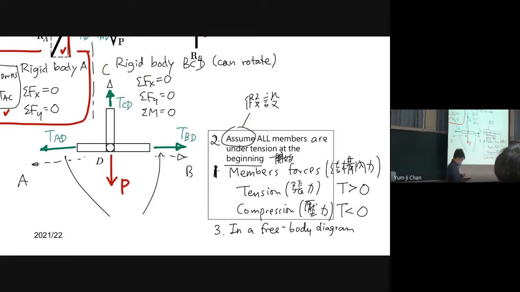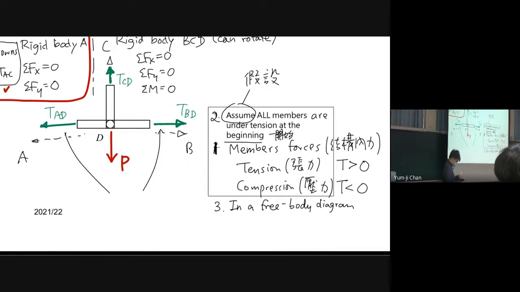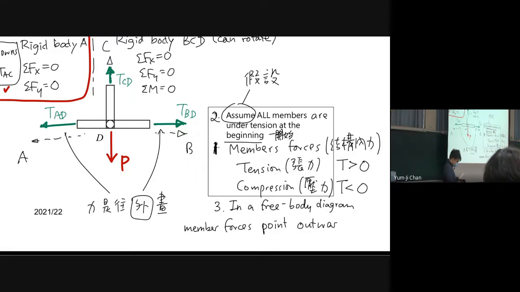Let me write in Chinese here, and I'll write in English. So in a free body diagram, these member forces are always pointing outwards, or you can say away from the node.